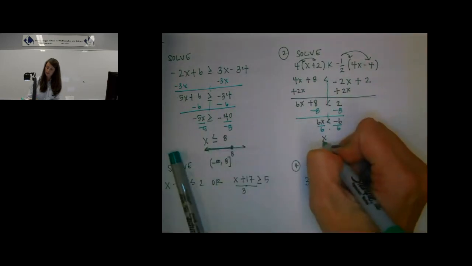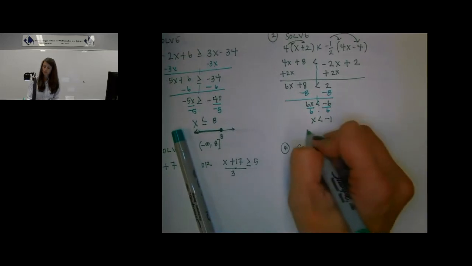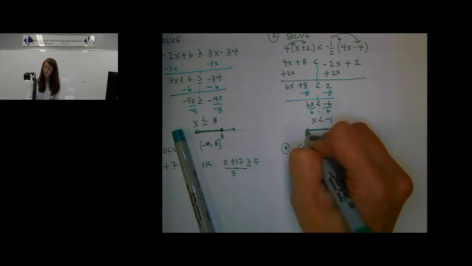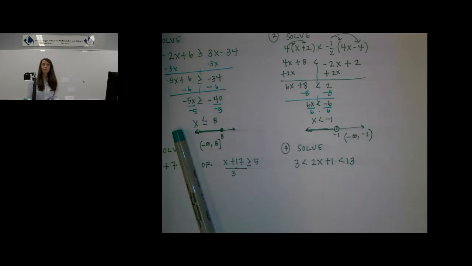So x is going to be less than negative 1. So at negative 1 we'll have an open circle, everything to the left. So it'll be from negative infinity, parentheses, up to negative 1, parentheses. Okay? I hope that's better. Those are just some basic regular inequalities, but they're multi-step where you have to get the x by itself, and you need to move the x onto that left side.